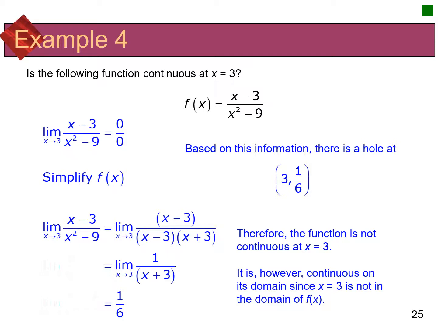That's part of the domain. And since the domain here is going to exclude that, that means that's not part of the domain. Therefore, I would still say it's continuous on its domain since x equals 3 is not part of that domain. Or, at least it's so far from what I've looked at.